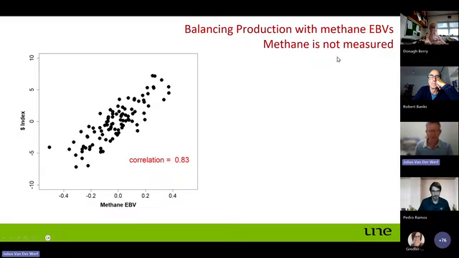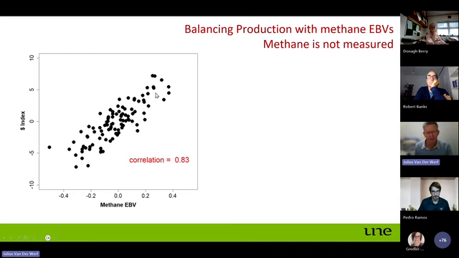So this is a case where methane is not measured, but you can still have a methane EBV because if you know the correlation with production traits, you can work out EBVs for methane. If you do that, you typically get quite high correlations between the methane EBV and the index. So if this is a population of animals you have to select from, and if you ignored methane, you would just pick the top animals there.